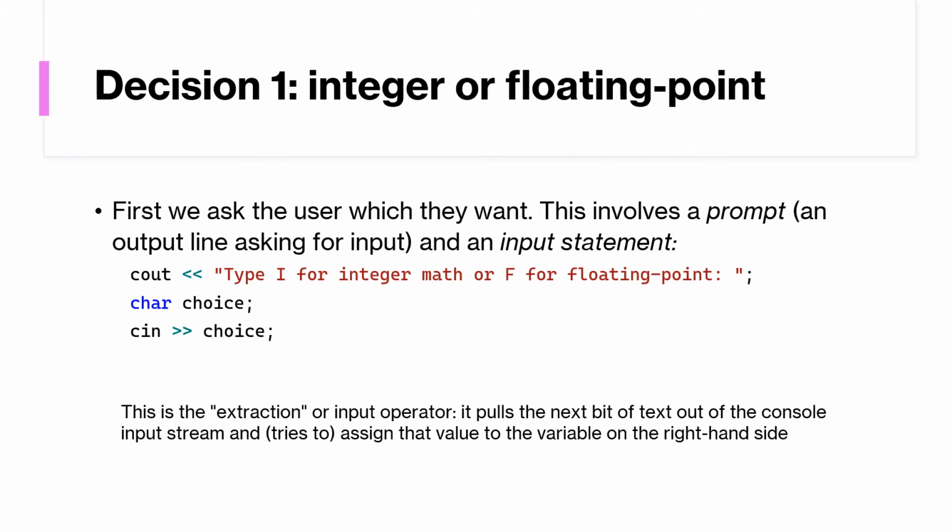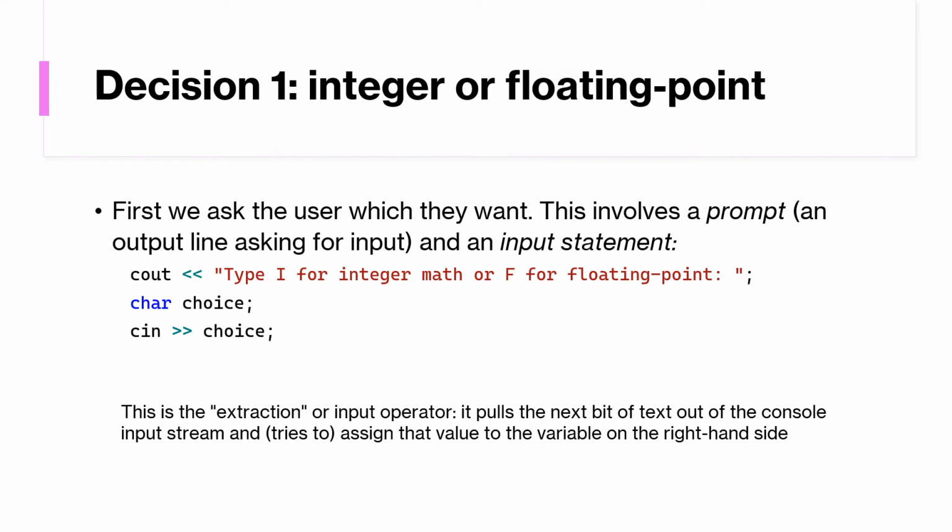But if choice was a number, if I were asking them to pick a number between 1 and 10, say, or type 1 for integer and 2 for floating point, something like that, then cin is going to read the next bit of information, and it's going to try to convert that into a number. If it fails, then cin fails, and the input operation is not successful.